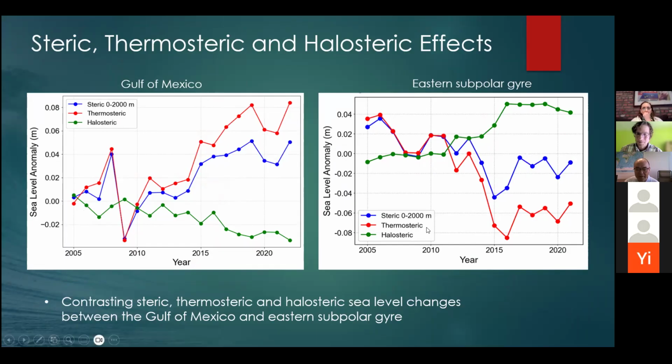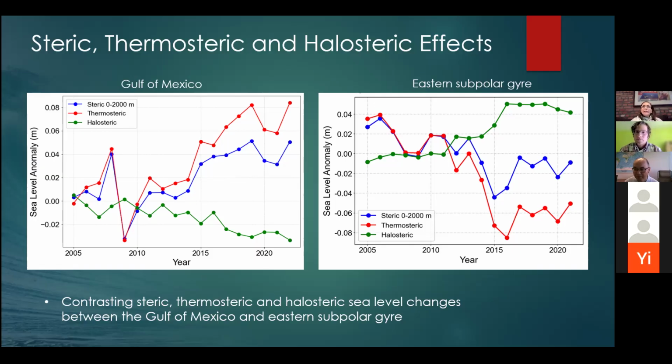And the data is for the upper 2,000 meter depths. And the period is from 2004 to 2022. So this is the Argo period, right? So I think the data set incorporates the observations from the Argo program.